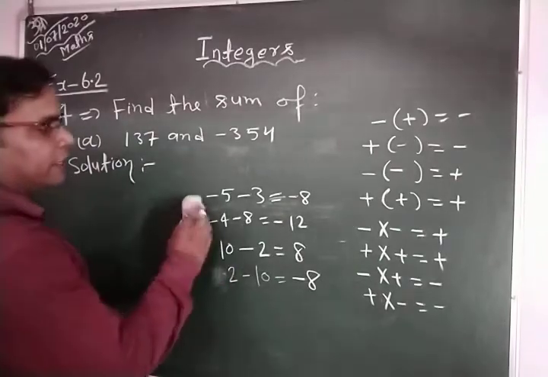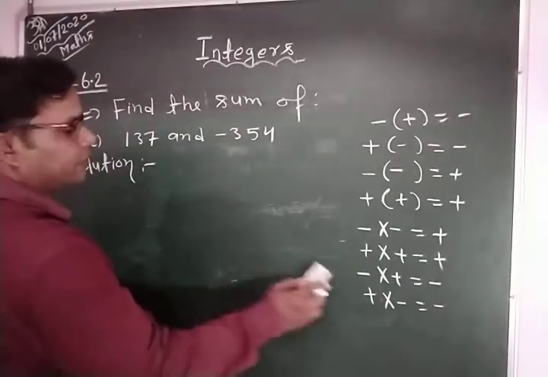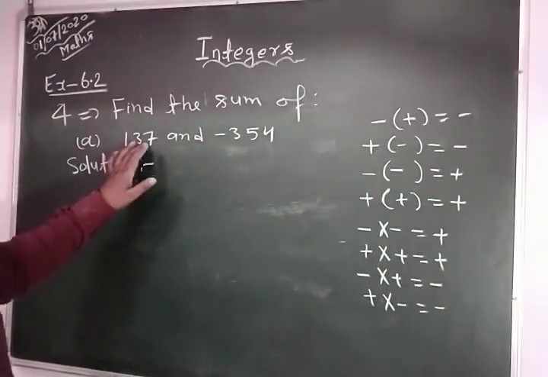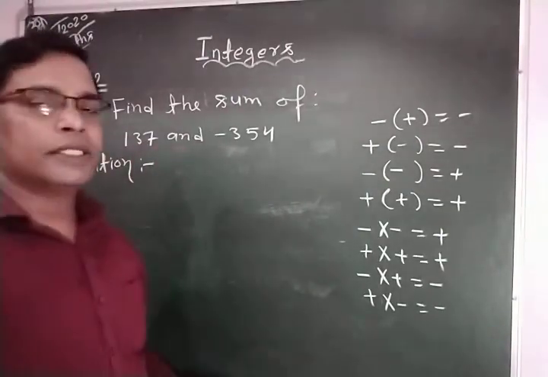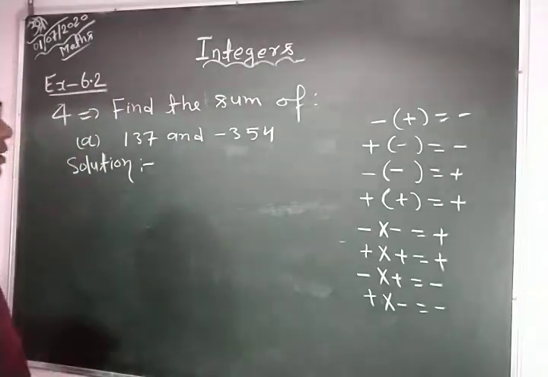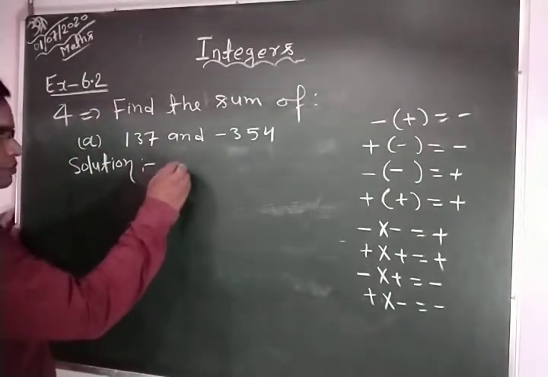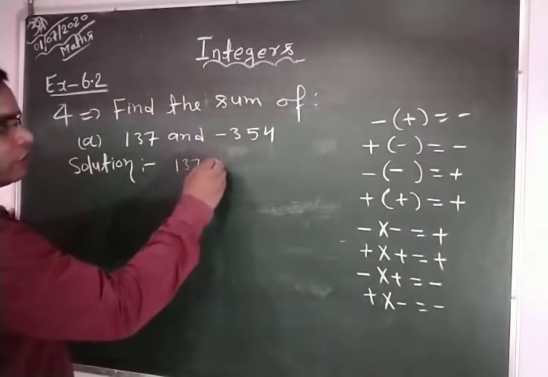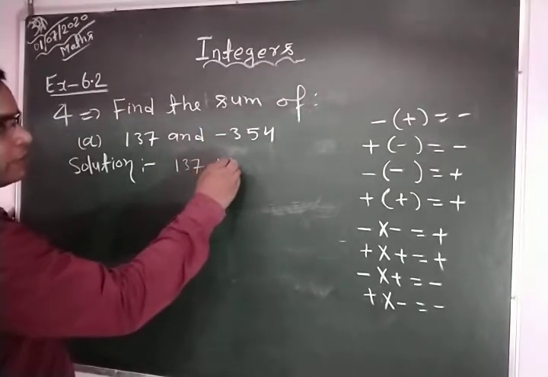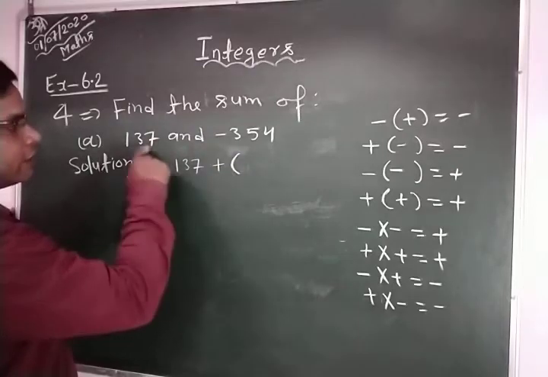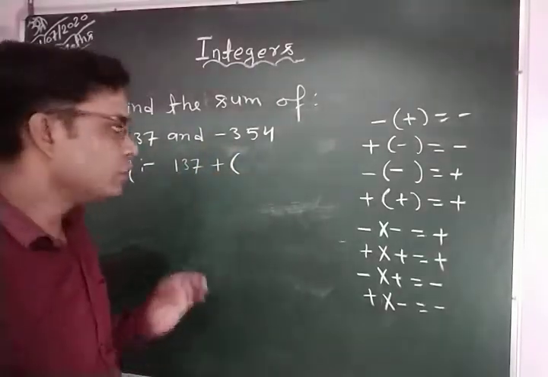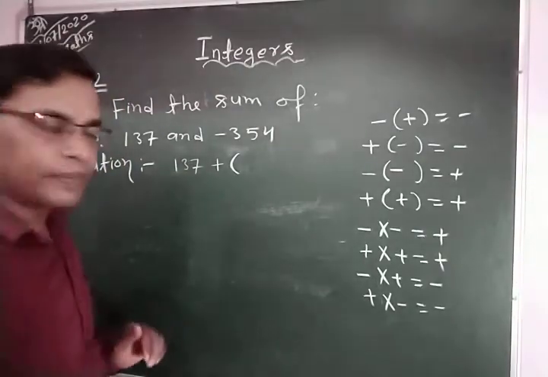Now let's see question 4, part A. Find the sum of 137 and minus 354. You write 137, plus symbol, and the second integer is minus 354, so you write it in a bracket.